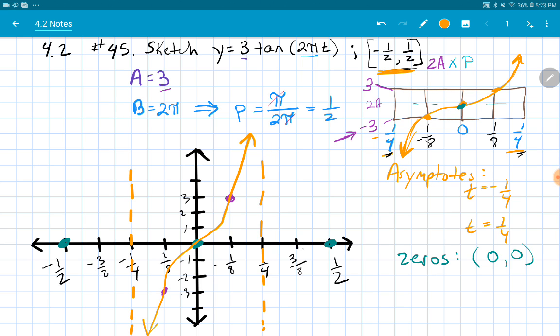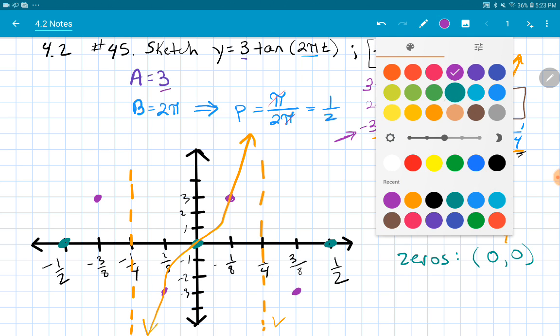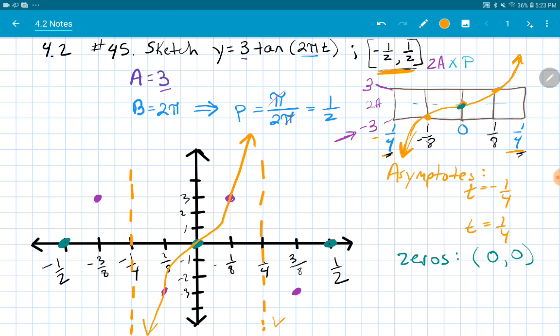So I'm also going to have an asymptote here that goes through -3 halfway between the 0 and the asymptote, and a +3 halfway between this one on the left. And then my curve is going to go through the 0 and go down forever.